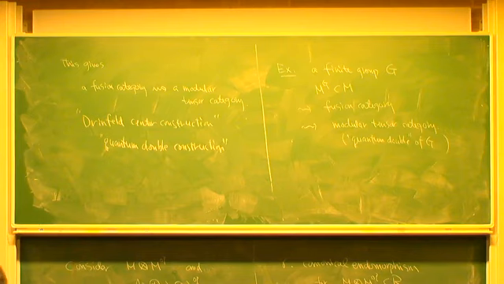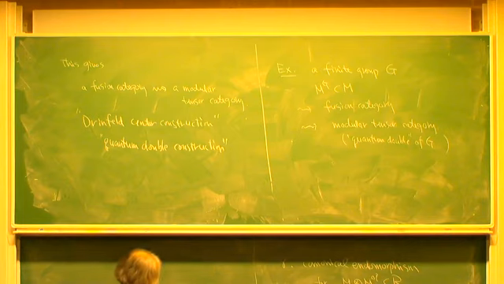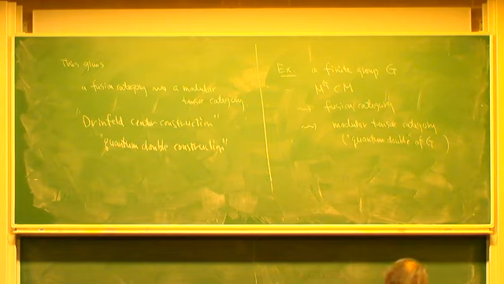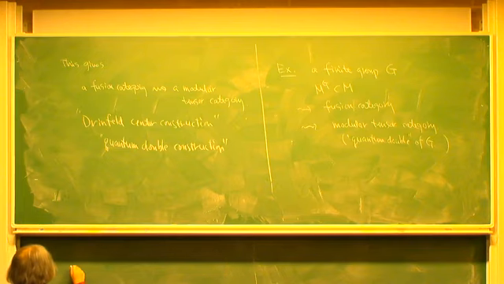Then, from a modular tensor category, we get the following, which I explained about the name modular. So suppose we have a modular tensor category.